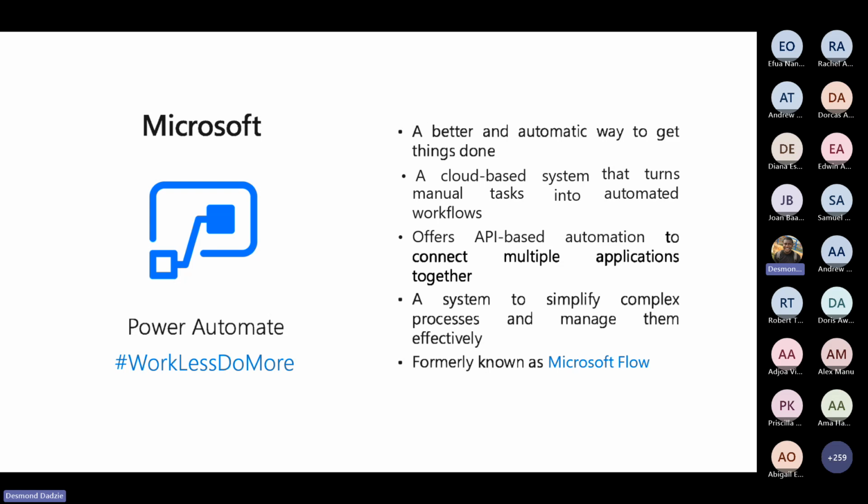That was the name for it previously because it was an essential solution that helps users to create workflows between applications and services. At the same time, it also helps you to work on processes, and you can work with these flows in a more visually oriented manner.